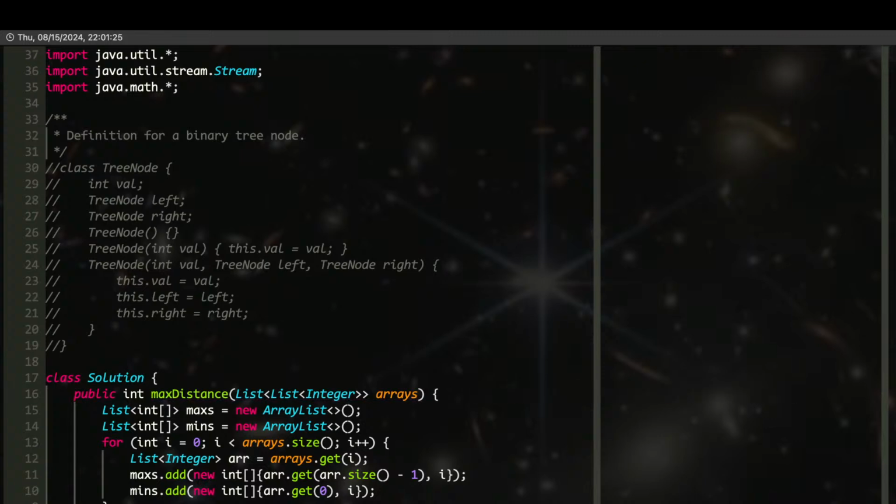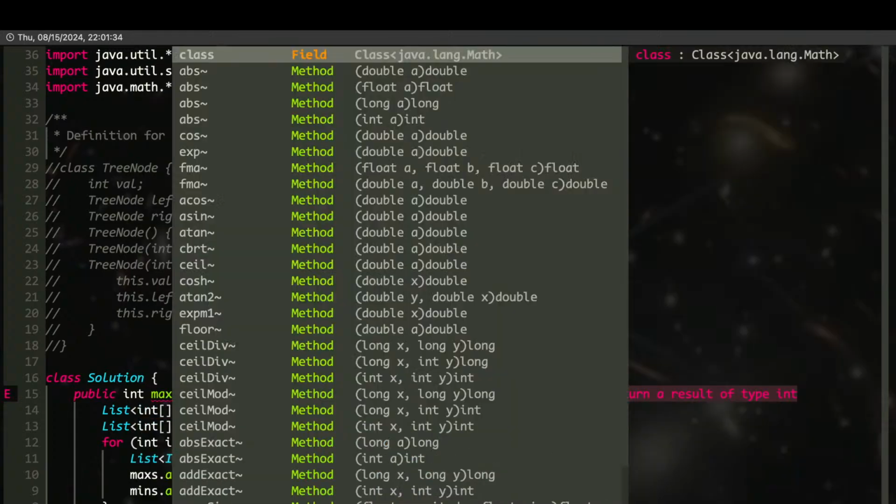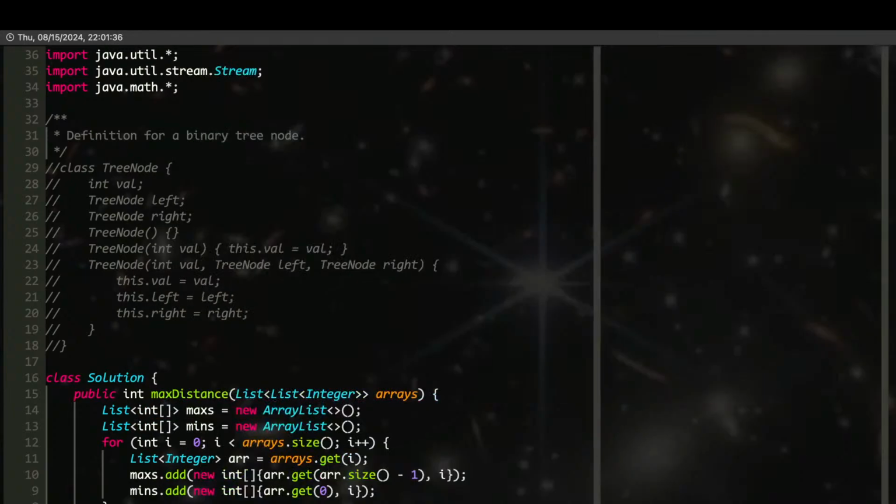And then fix max, go through min. In fact, let's make this one Math.max of res and this.